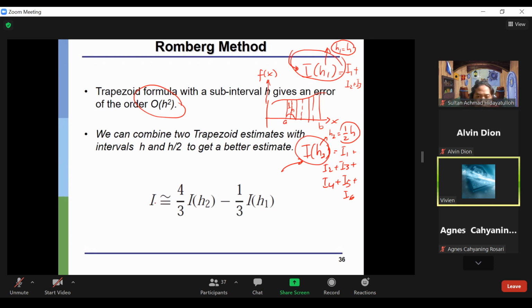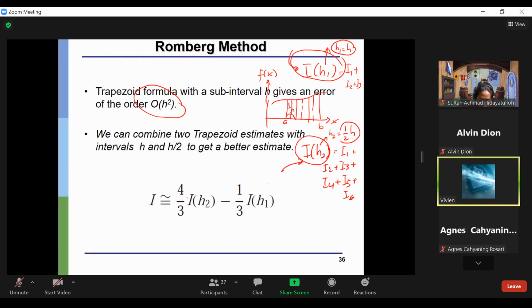We calculate the new integration, which will be approximated by 4/3 of the integration area calculated with the segment interval length of h2, minus 1/3 of the integration area calculated with the segment interval length of h1. So we combine the calculation of the integration with fewer segments and the calculation with more segments.